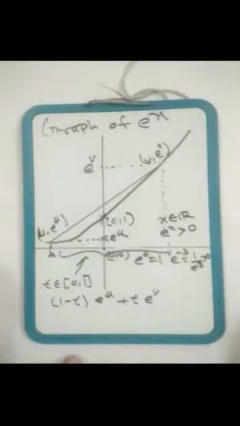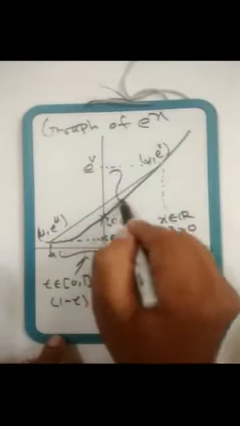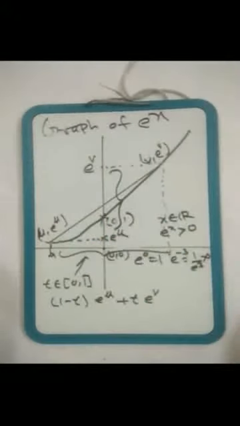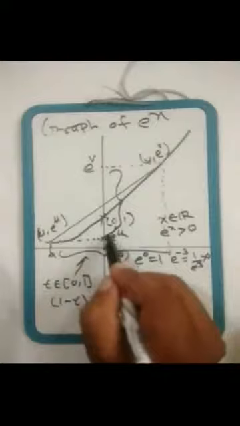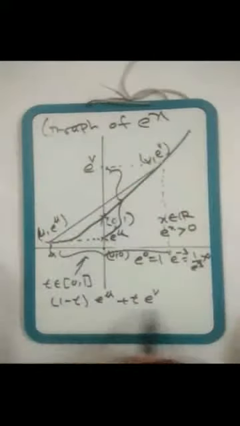So this whole segment from here to here is the line joining this and this.